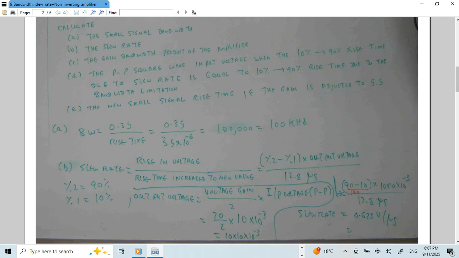The rise time increased to the new value is 12.8 microseconds, and we also have to calculate the rise in voltage. So we substitute into the equation. The equation is the rise in voltage divided by the rise time increased to the new value.